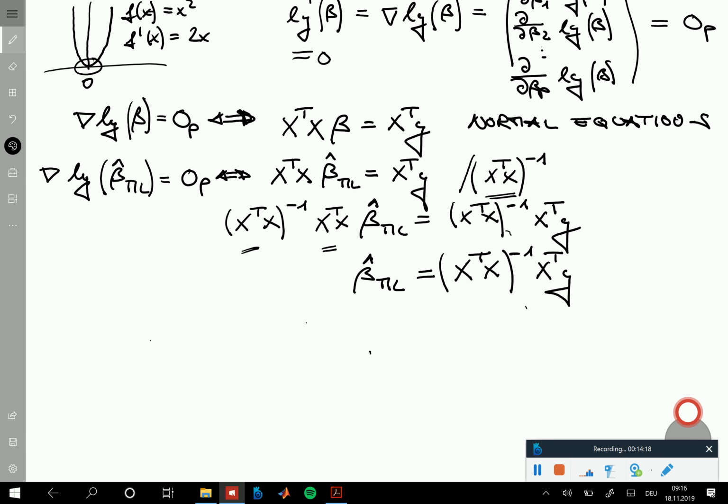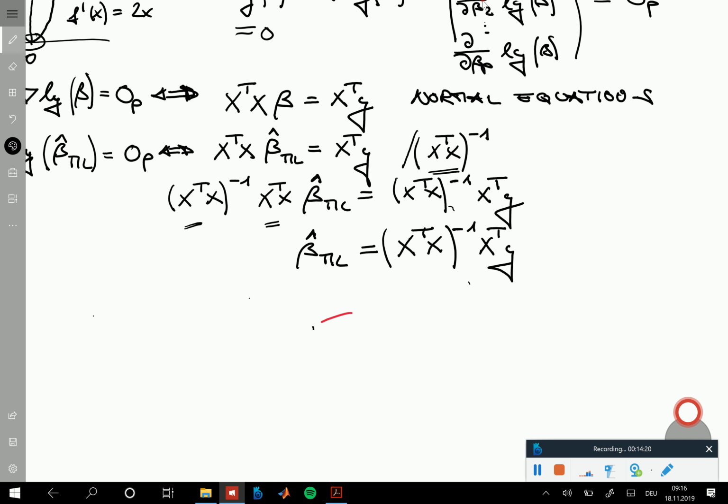This formula is also known as the ordinary least squares estimator. I didn't introduce it like this, but it's also known as this. The maximum likelihood estimate for the beta parameter and the ordinary least squares estimator are the same thing, also known as the Gauss-Markov estimator, although my reviewer didn't like that.